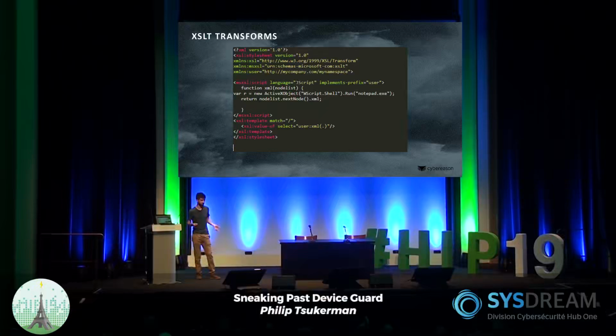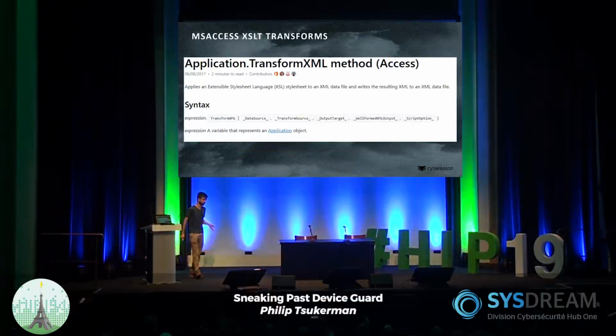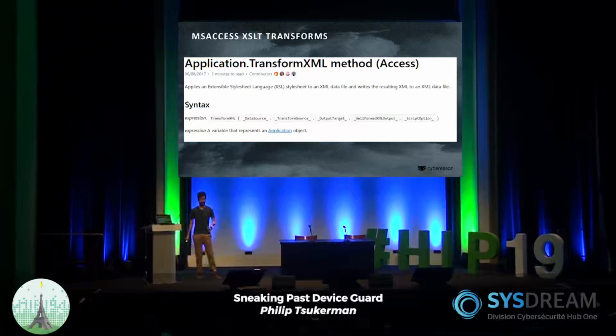So there's a couple of ways to use XSLs, but I'll show a couple of less known ones. The first one is, again, a COM method of an Office application. This time it's Access. And Microsoft Access has a TransformXML method that does exactly what you imagine. You have a data source and a transform source, which is an XML and an XSL sheet.